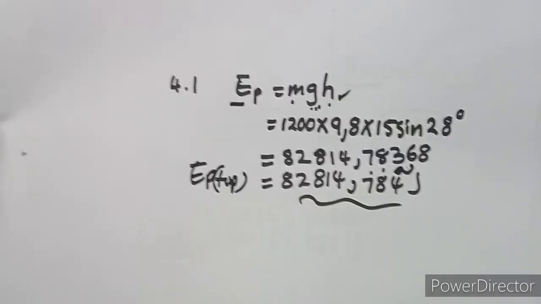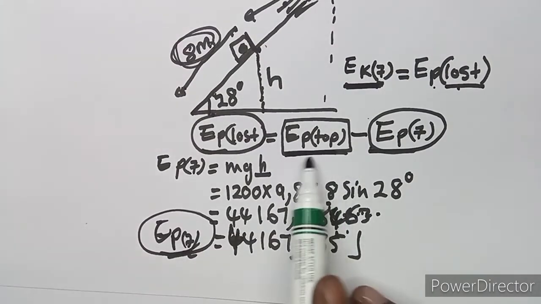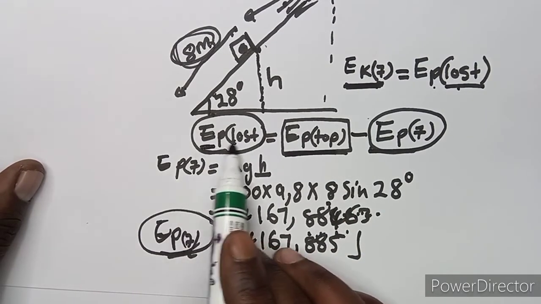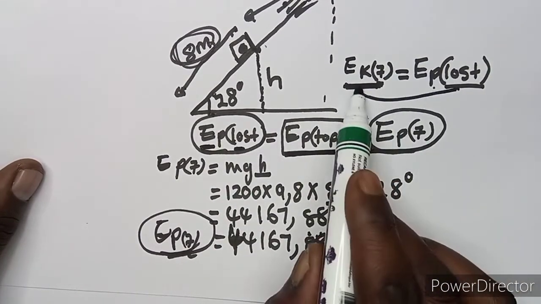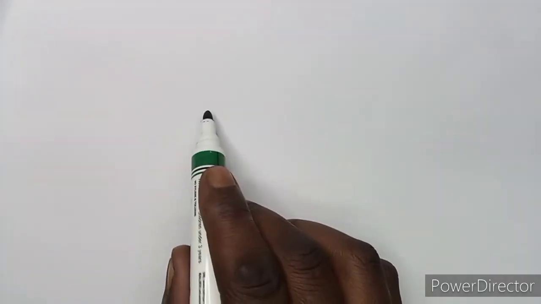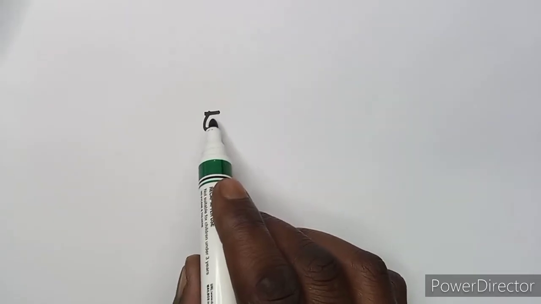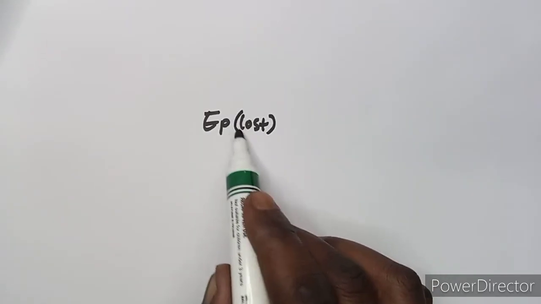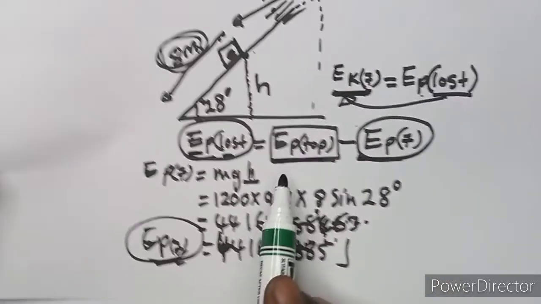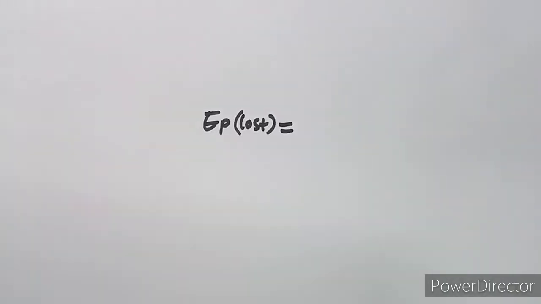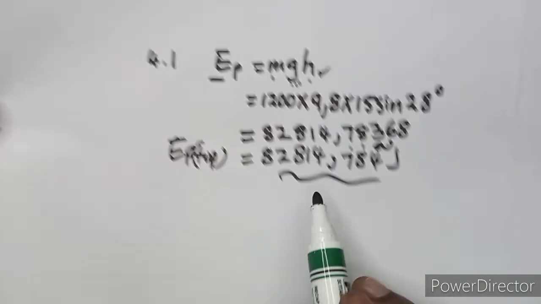All right, so that means I'm just going to substitute, since I need the potential energy lost, which is equal to the kinetic energy after moving 7 meters. I'm just going to write this as EP lost, the potential energy lost, which is equivalent to the potential energy at top. I'm going to use that value that I had, so make sure that you substitute these values properly.